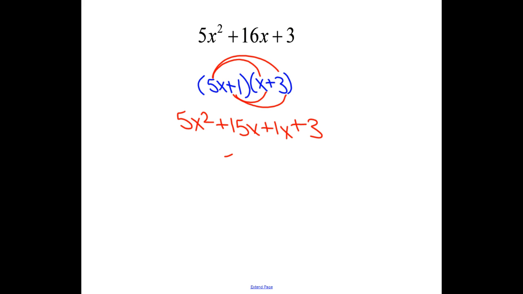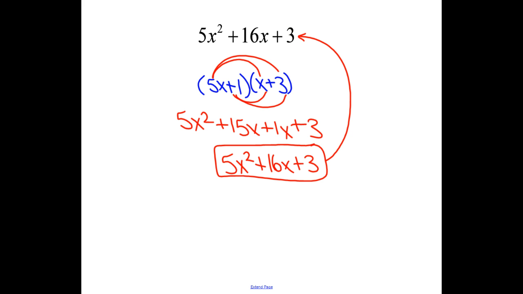Now combine our like terms and we get 5x squared plus 16x plus 3. Notice that I got the same thing. So really, when I'm factoring, I'm finding the two monomial polynomials, so the binomials, that multiply to make me the trinomial, a three-piece polynomial.